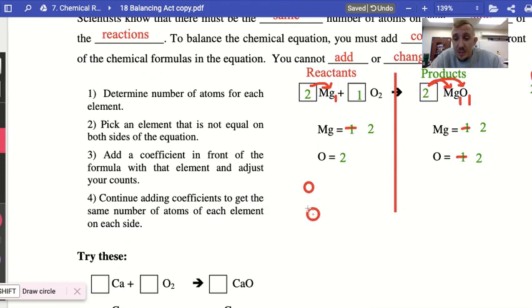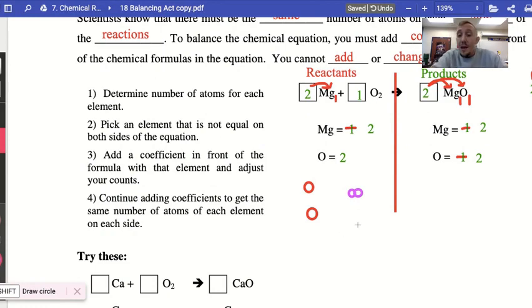So I have 2 separate magnesiums. All right. And so I'm going to make my magnesiums red and my oxygens. Now it says I have 2 oxygens bonded together. So I'm going to go ahead and make my oxygens purple. But notice I'm putting them together. And the reason being is because they're bonded together.